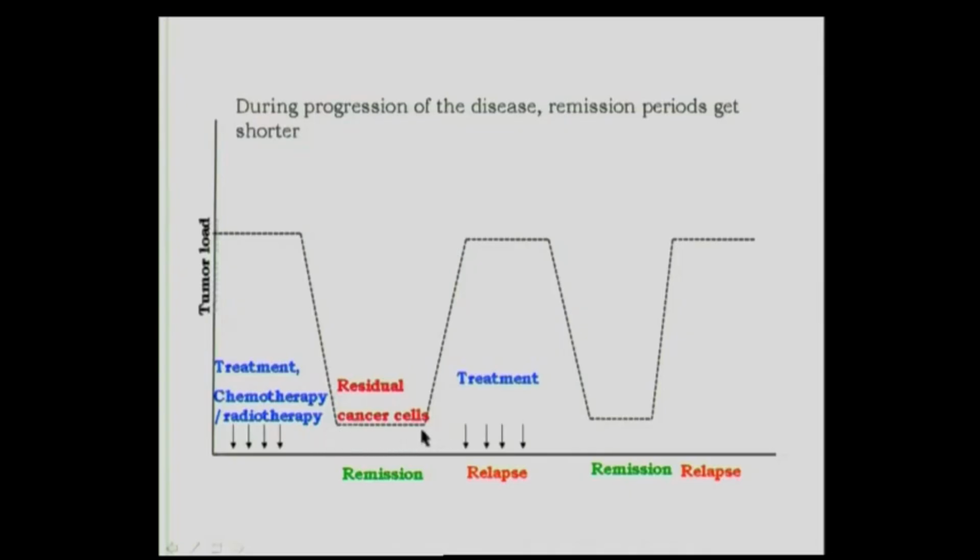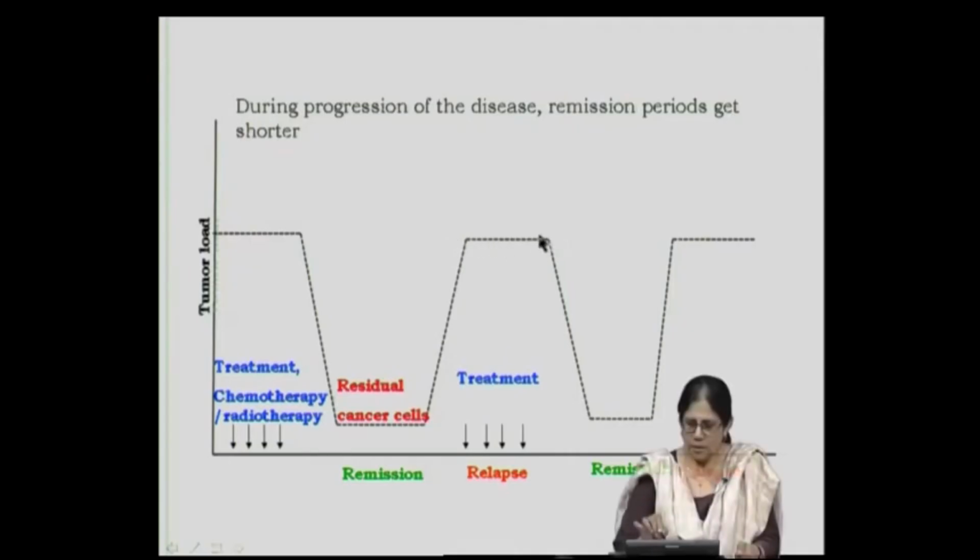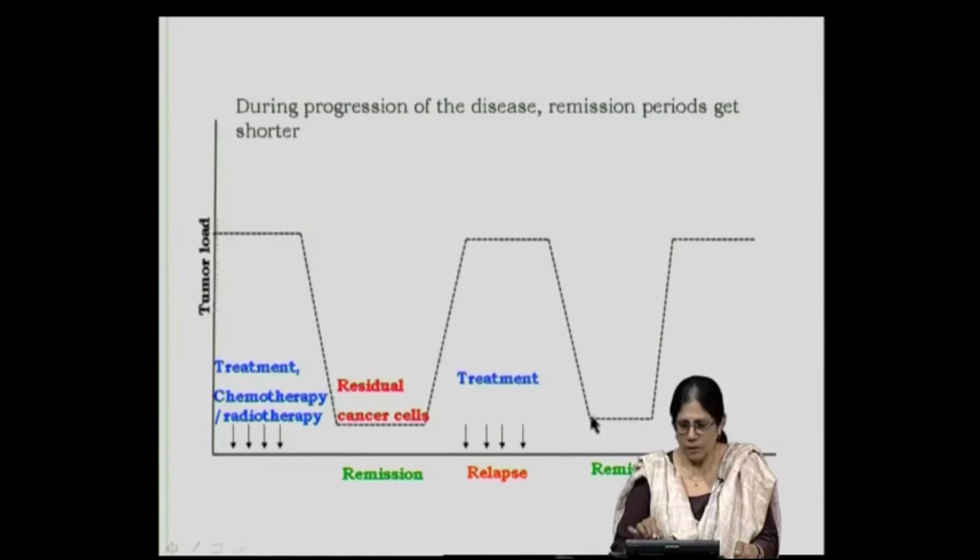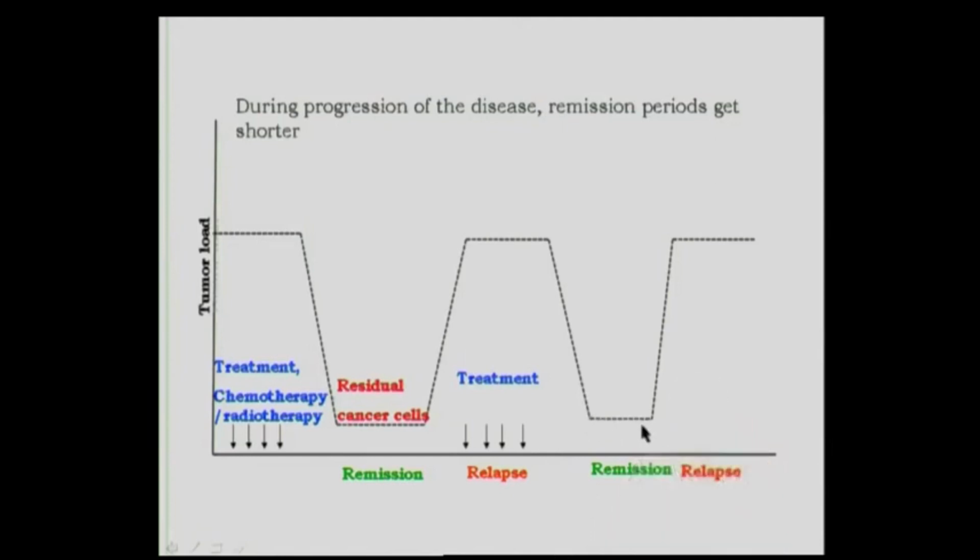So now, though the person is in remission, soon after, the number of tumor cells increases. Again there is treatment given and the tumor load comes down. Again there is a phase of remission, but remission cannot be better because of the toxicity. Once again the tumor starts to proliferate.